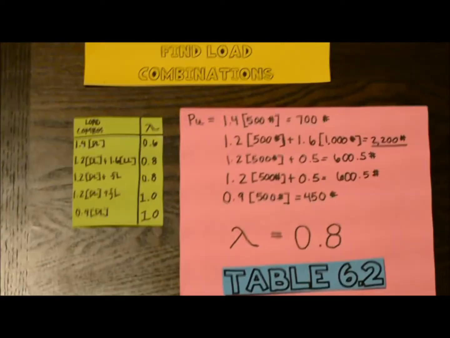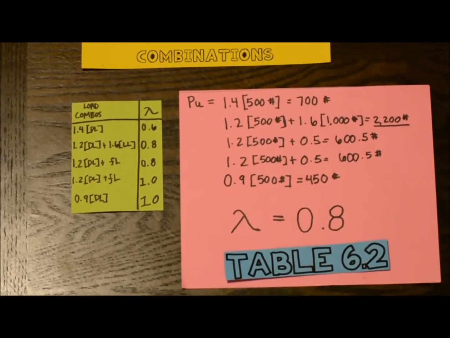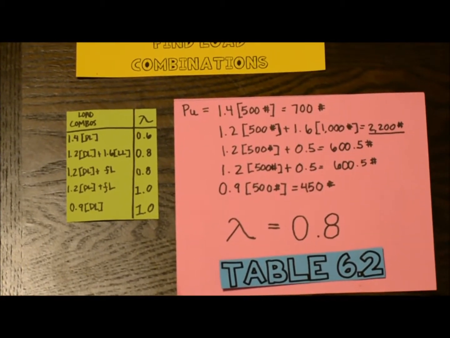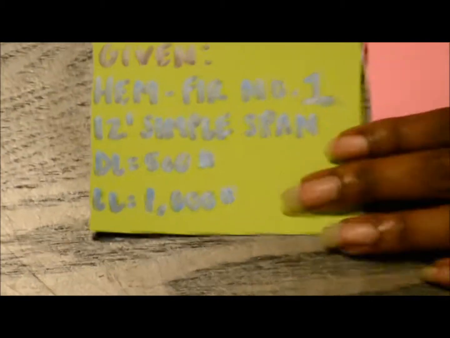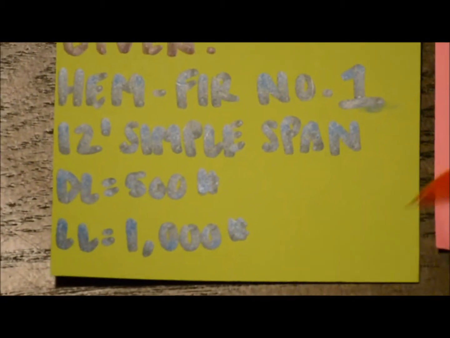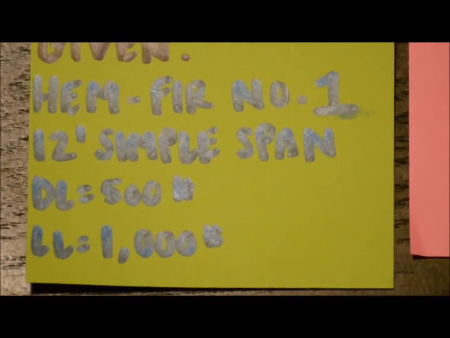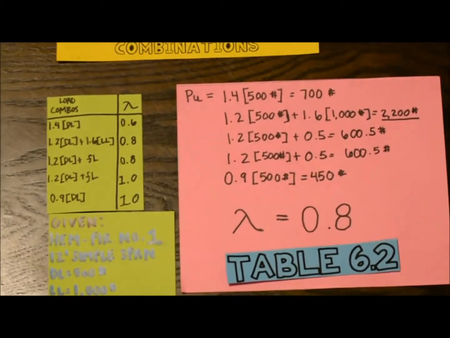And using the Dr. Rachel Mosier method, you need to reference where you get your information from. So we have our dead load and our live load, which was given to us earlier in the problem statement. So using the equations from, again, table 6.2, we're just going to plug and chug accordingly.